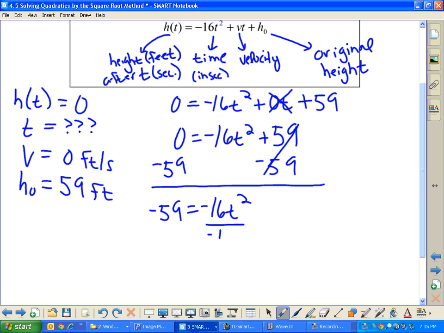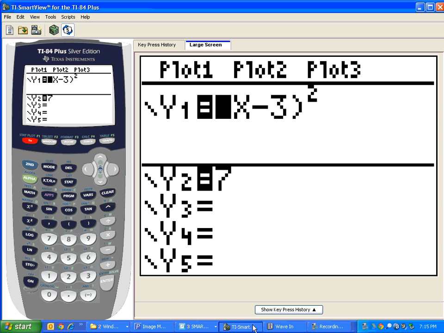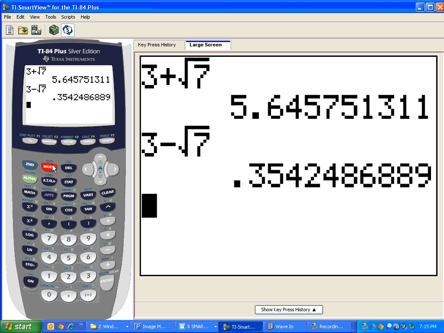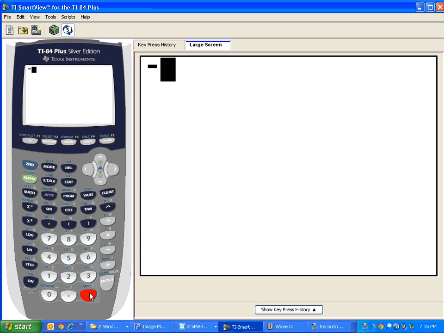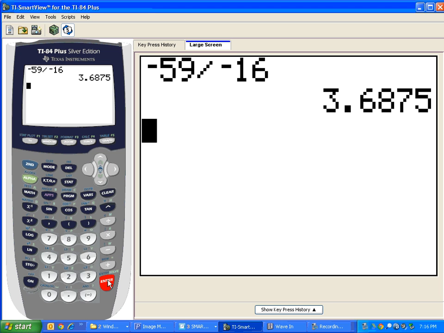I would divide both sides by negative 16. And then, we did this one a little earlier. I would take that negative 59 and divide it by negative 16.